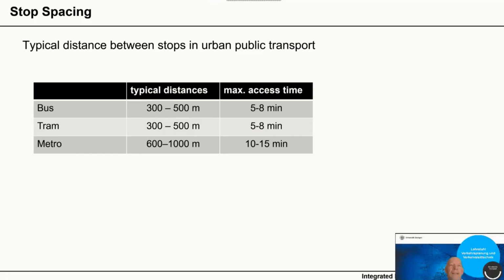If you transfer that into access and egress time, it would end up with a maximum access time of around 5 to 8 minutes for a bus, and for a metro, 10 to 15 minutes.